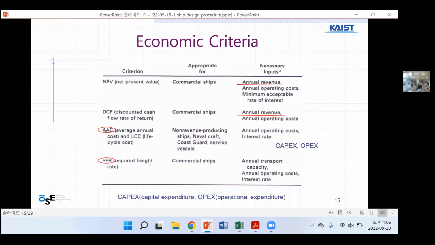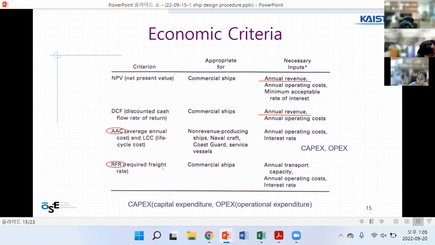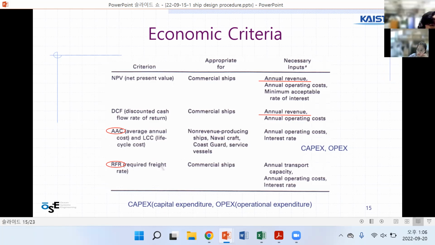Economic criteria, again, there are criteria. We heard about this required freight rate last time, and also average annual cost. So this one is related with each other, right? But then there is another one: net present value. Net present value is, as I asked you, if I give you $100 today or $110 after 1 year, which one do you prefer to get?